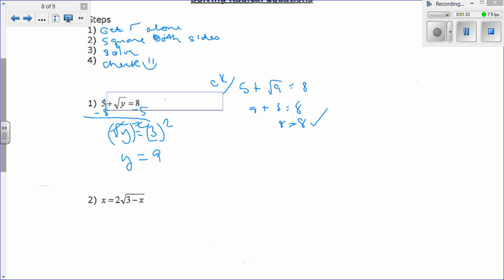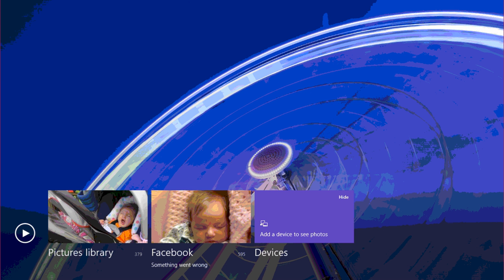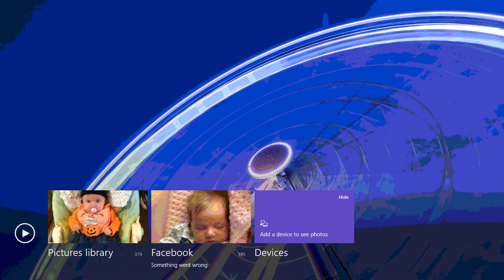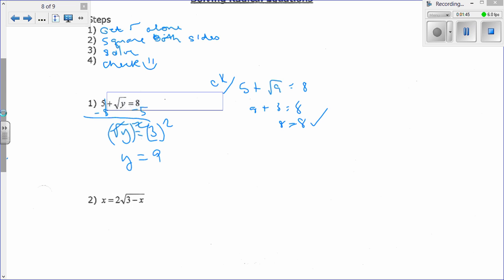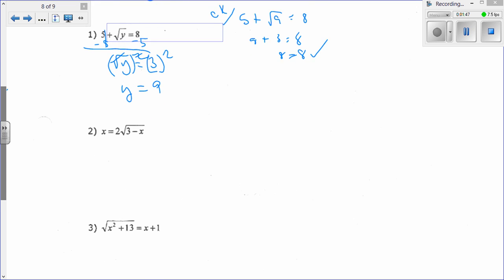For number 2, by looking at that problem, is the radical alone? Yes, the radical is alone because I'm not adding or subtracting anything to the radical.